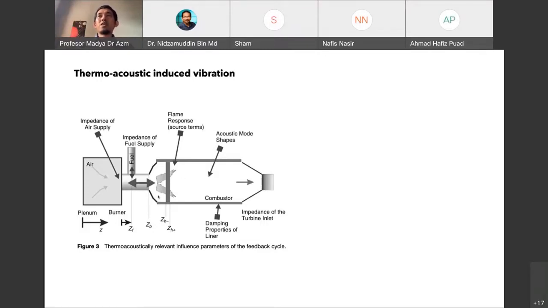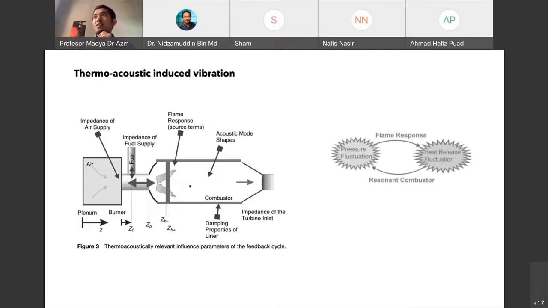Now that frequency, that heat release fluctuation and pressure fluctuation, the combination of these two might coincide with the acoustic mode shapes of the chamber.